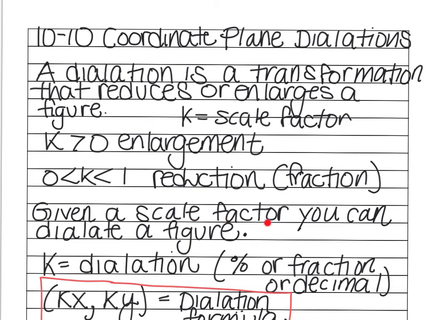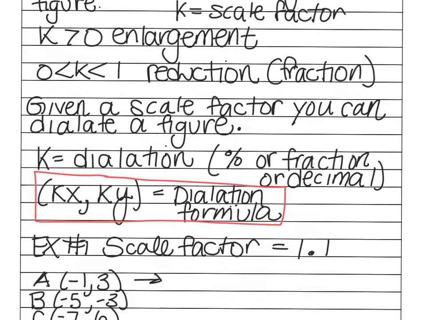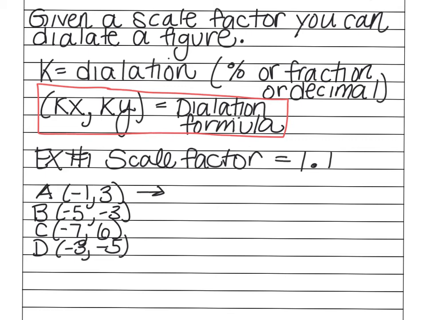So given a scale factor, you can dilate a figure. Here k represents our dilation, and remember that could be a percentage, a fraction, or also a whole number like 1, 2, or 3. Here I have highlighted our dilation formula. You take whatever your points are and multiply them by the dilation.